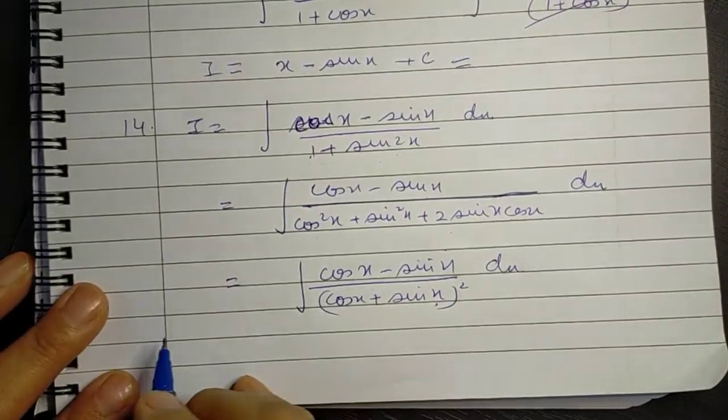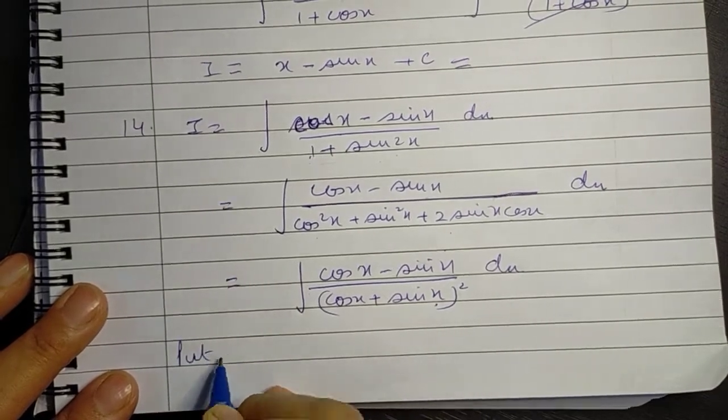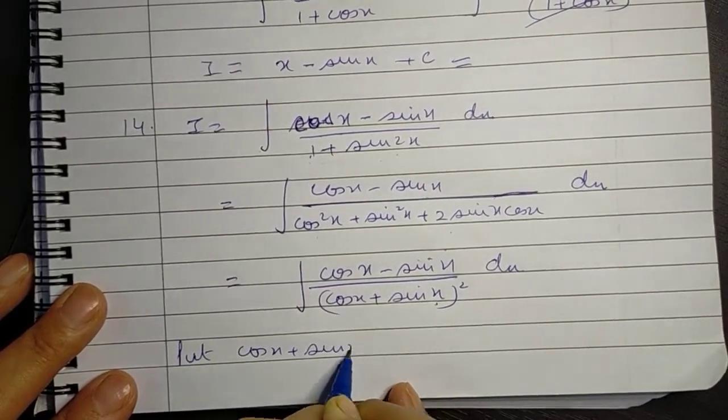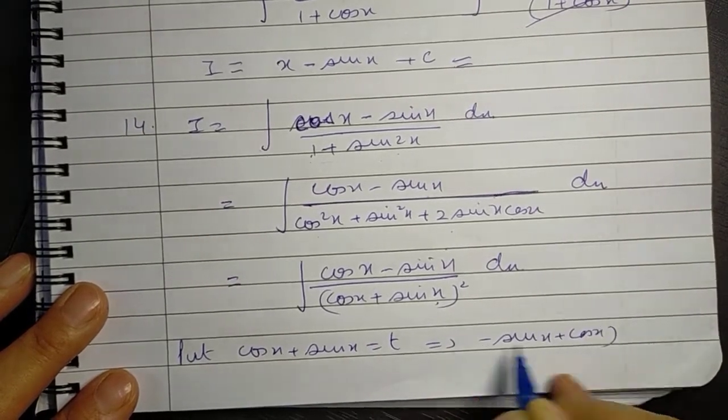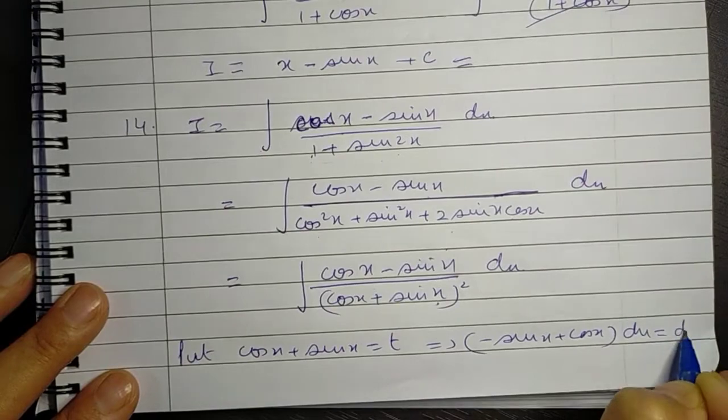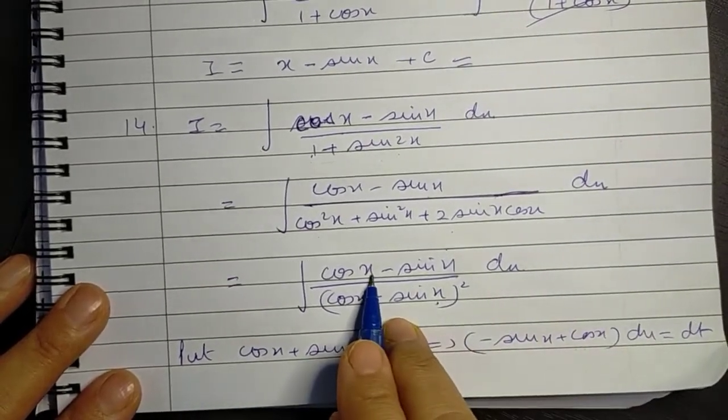Now, what do we get? We put cos x plus sin x as t, we get minus sin x plus cos x whole into dx is dt, which is the same as the numerator.